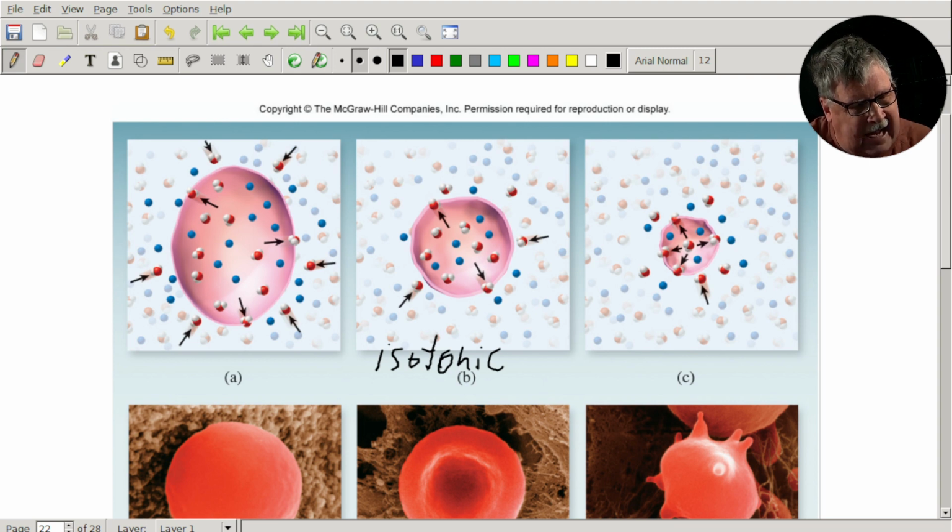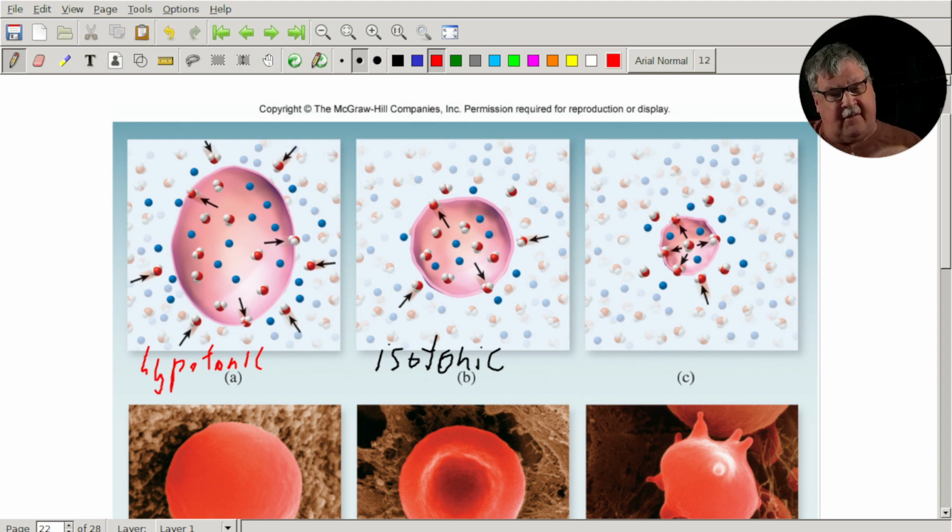Okay? If I inject a solution that is hypotonic, say for example, I inject distilled water into the vein of a patient, I can cause the red blood cells to rupture because there's going to be osmotic pressure to equalize the concentration of solute particles inside the red blood cell versus outside.